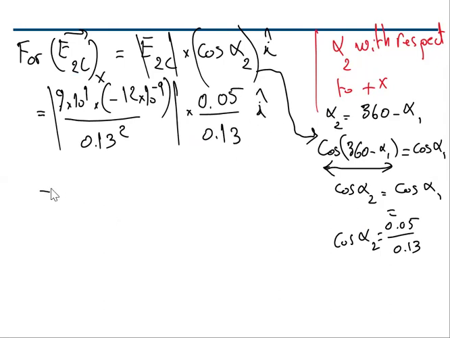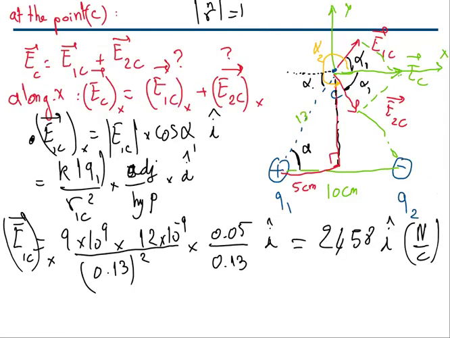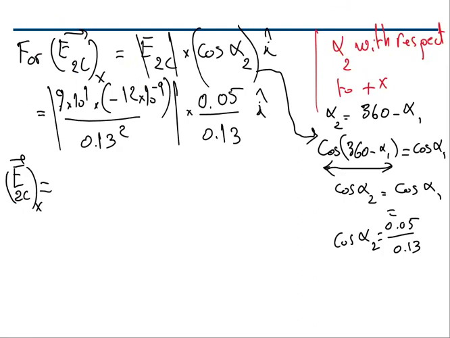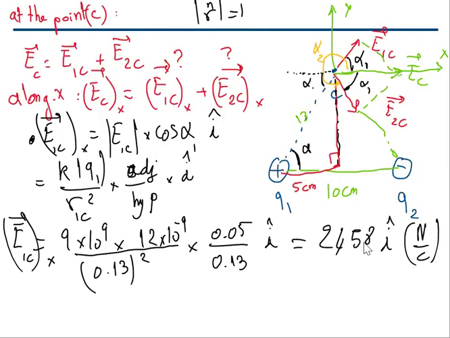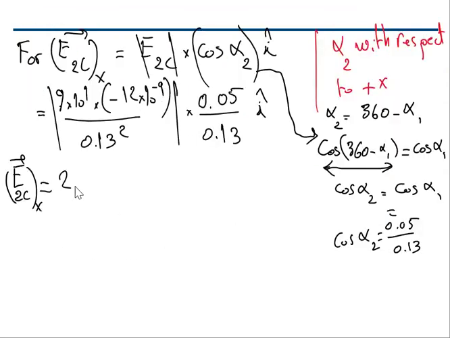So we get the same result and the same magnitude for the x component of the second vector. So how much did we say here, 2,458? Let's take three significant figures: 2,460 i Newton per Coulomb.